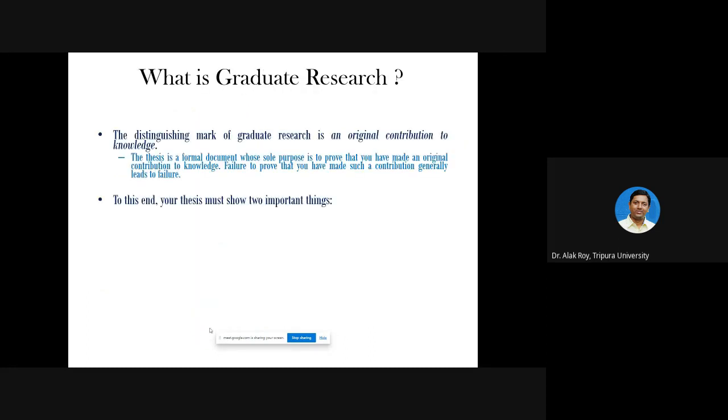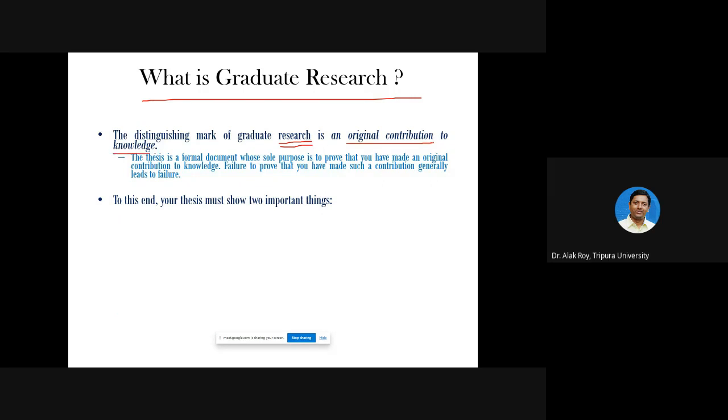So see, what is graduate research? The distinguishing mark of graduate research is an original contribution to knowledge. If you say you are working on a topic, any research topic, your output should be an original contribution to what?